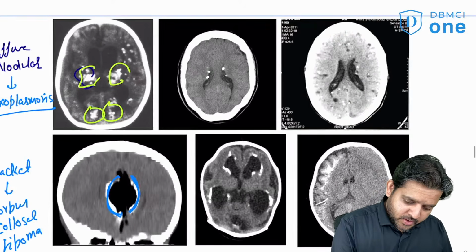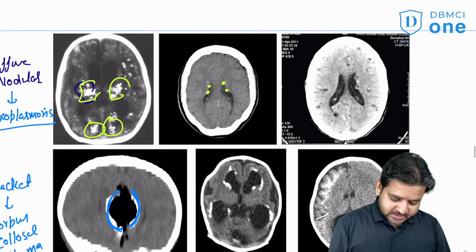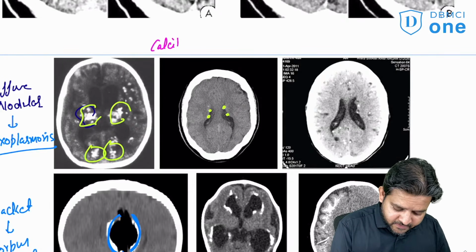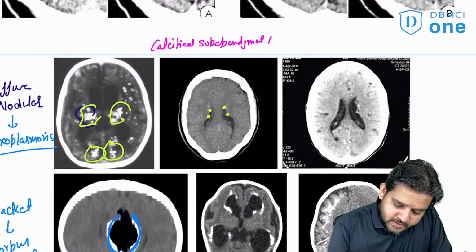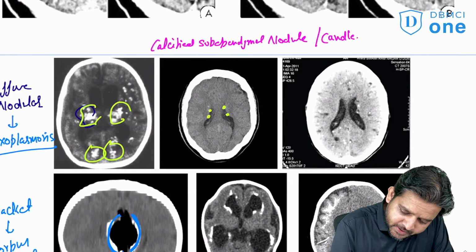Okay. Now, if you see calcification along the ependymal lining, this is called calcified subependymal nodule, with a candle dripping appearance.